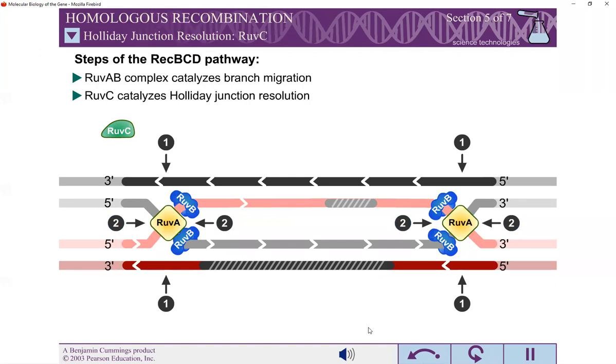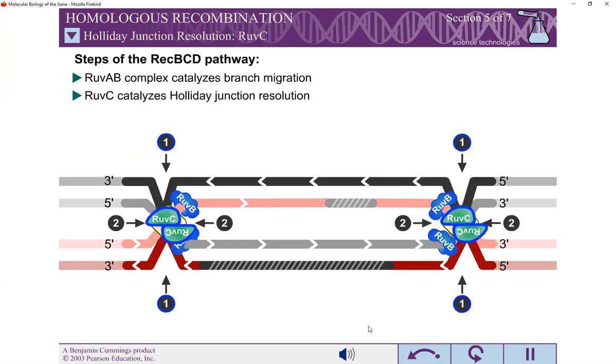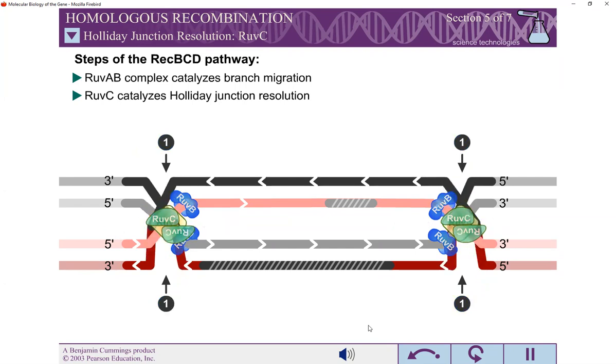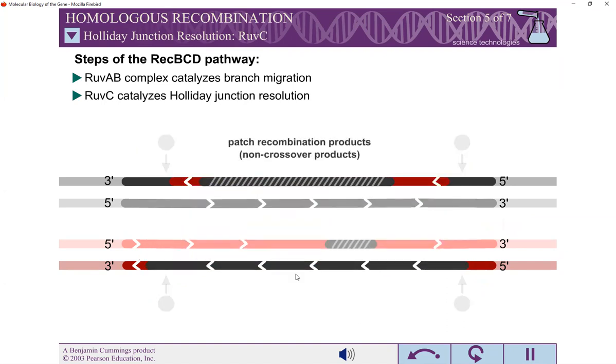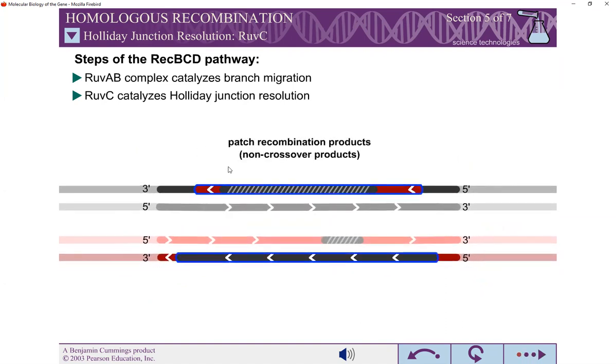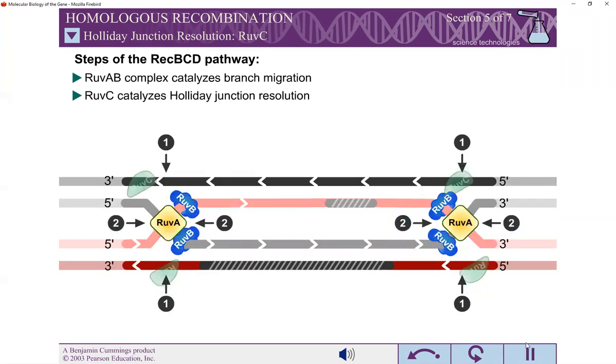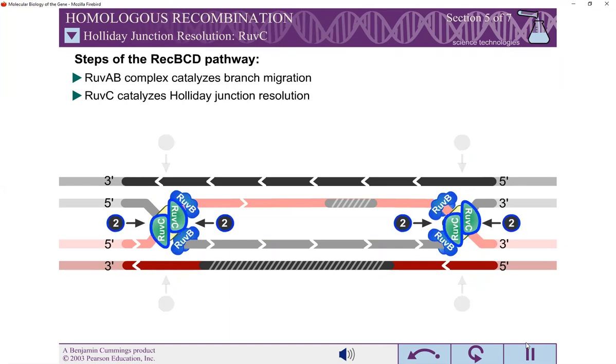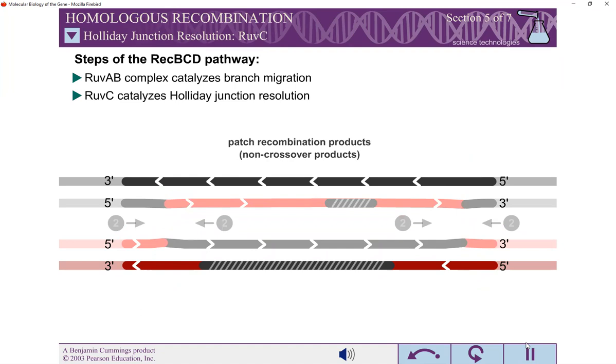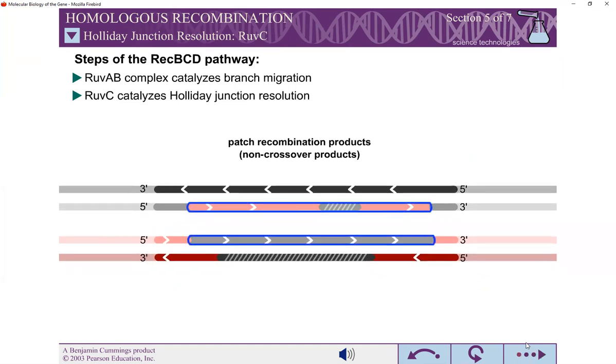If both junctions are cleaved in the same way, patch recombination products result. For example, if both junctions are cleaved at site 1, patch recombination products result. This is how patch recombination products are being produced. Next. Patch recombination products also result if both junctions are cleaved at site 2. These are the recombination products that have been produced.